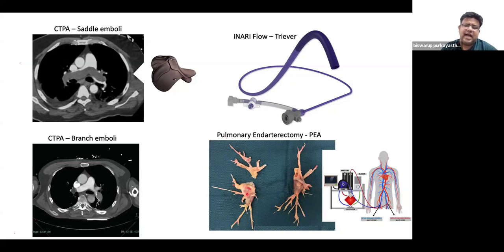Having trained at such a high volume center, I always tell that though a bit morbid, though a major undertaking, a pulmonary endarterectomy remains the gold standard choice. And especially for a center like us that does a lot of mechanical circulatory support and is okay to support the patient postoperatively with an ECMO, pulmonary endarterectomy is the absolute gold standard surgery for any saddle, branch, any pulmonary embolism.